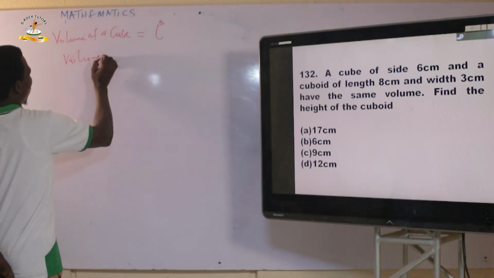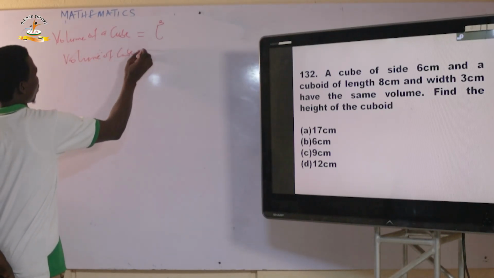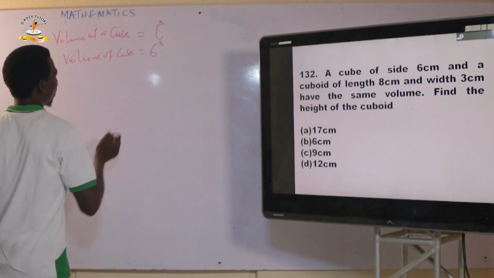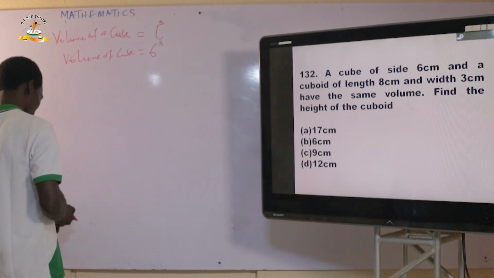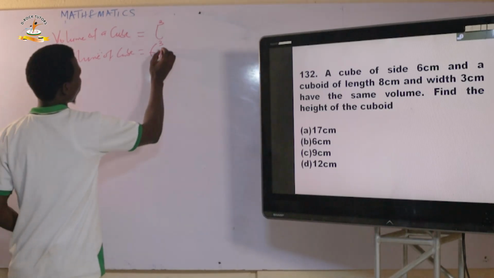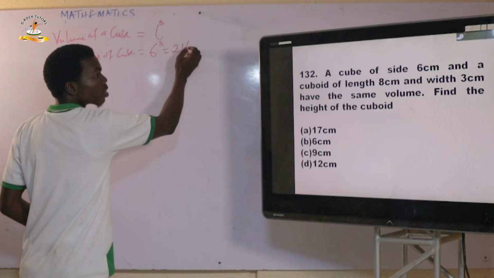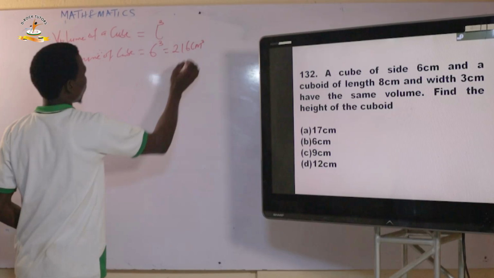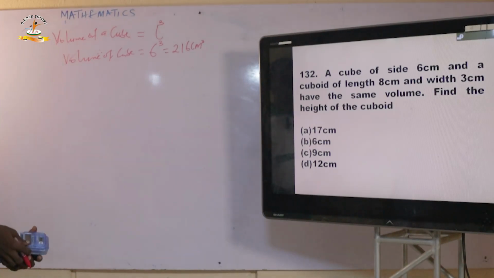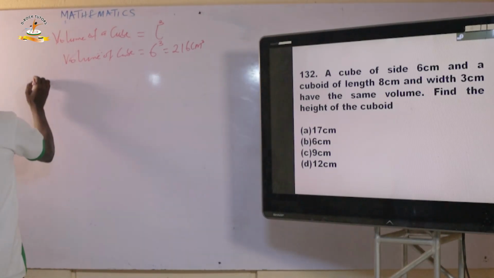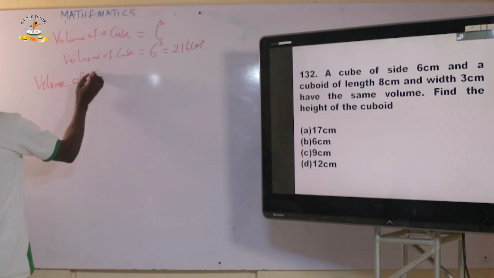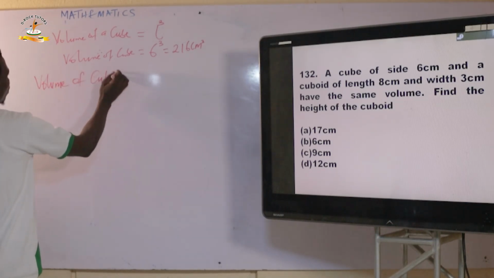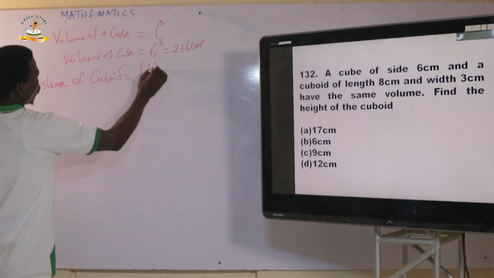If the cube has 6 centimeter, therefore the volume of the cube is 6 raised to power 3. And that is 36 times 6. That is 216 centimeter cube. That's the volume of the cube. What of the cuboid? Volume of cuboid is LBH.